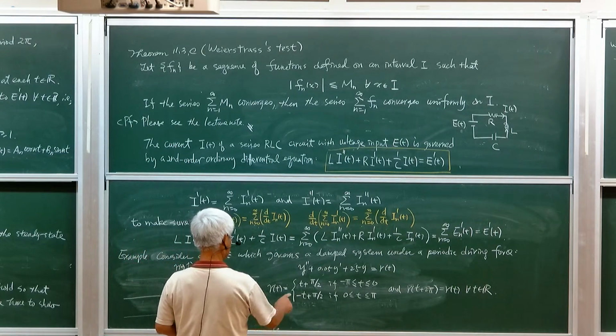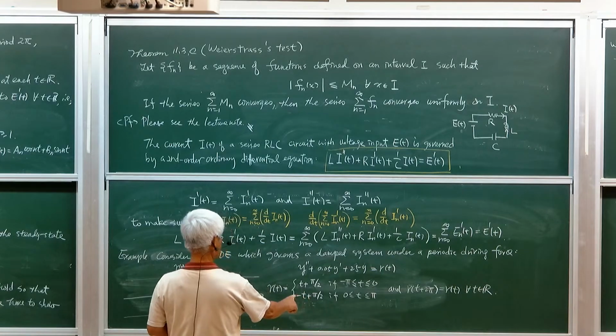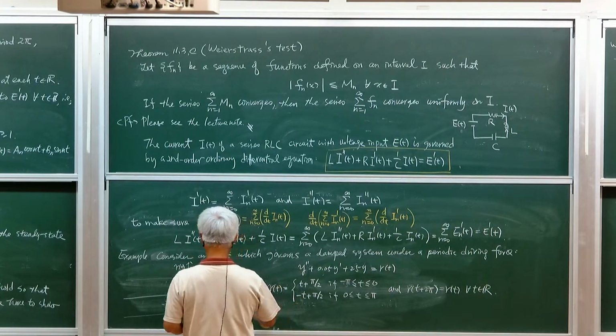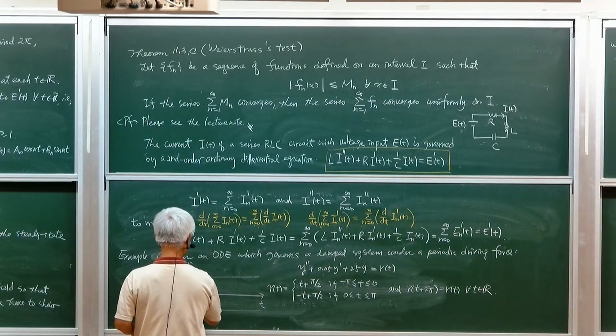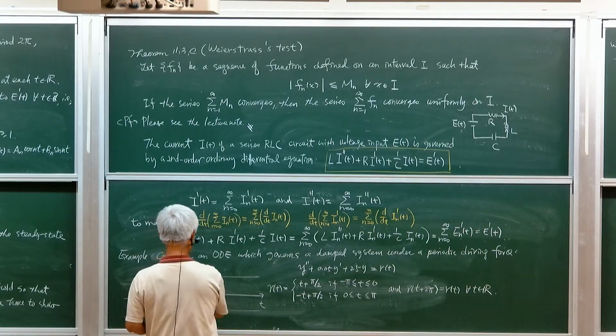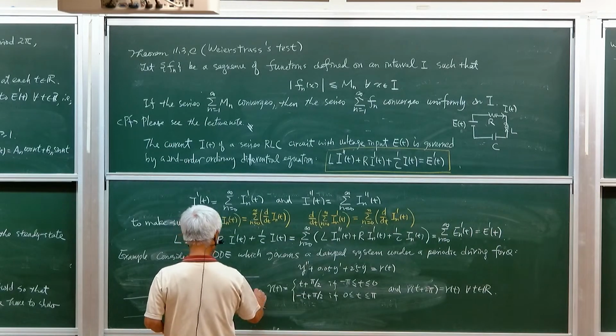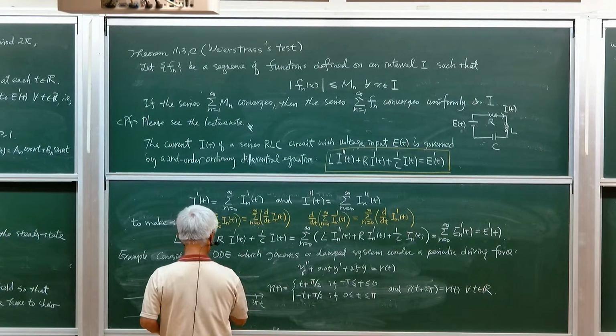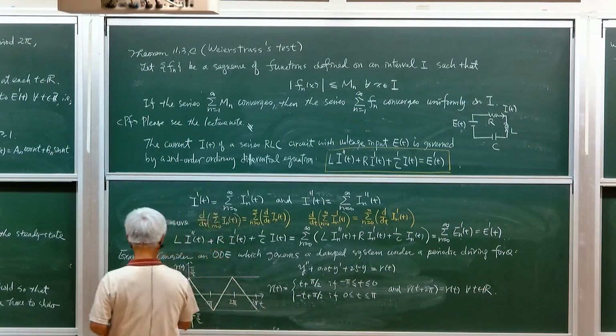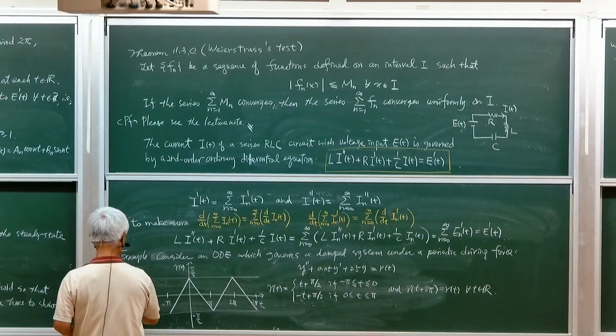And so we go over to here. Okay, so this is a triangular wave. This is 2 pi and 3 pi. So we have the one go down, and minus 2 pi, minus 3 pi.